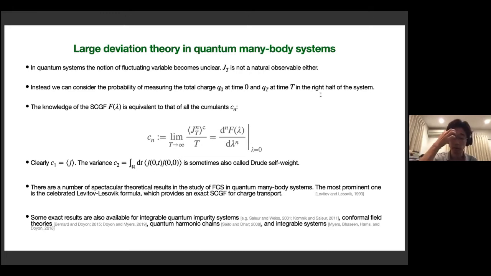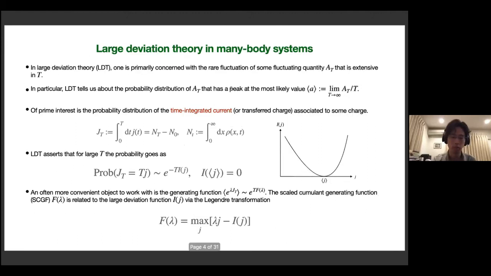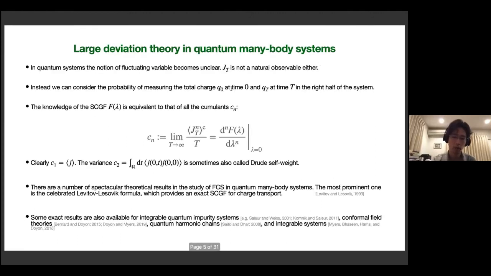So the difference of these, Q_t and Q_0, is essentially the total charge transferred across x equals 0 during this time. So you can write down the probability distribution as a function of the difference of Q_t and Q_0, and that would be basically the equivalent of this probability distribution.